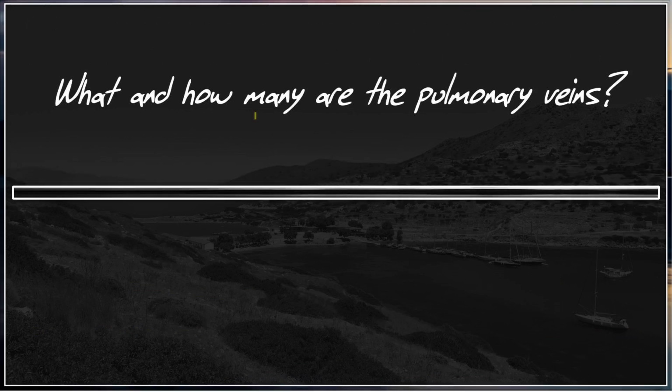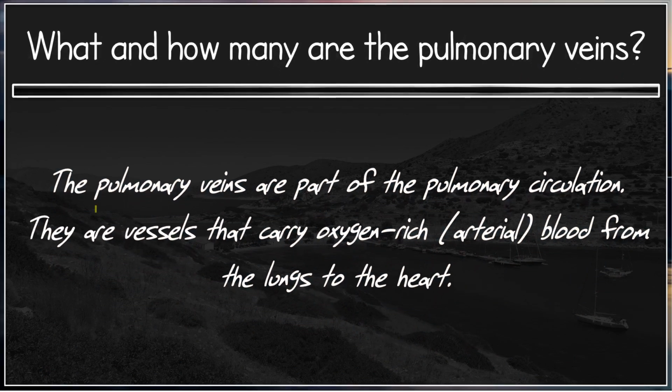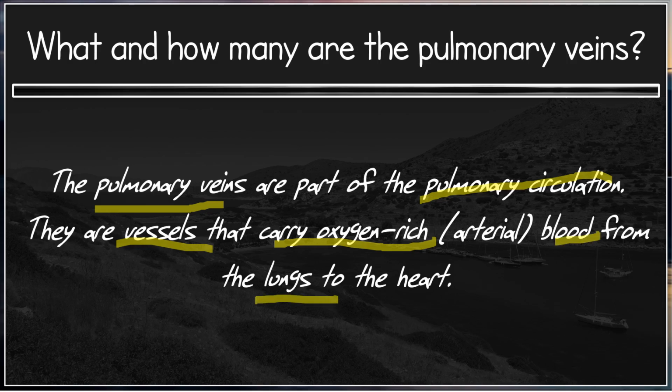What and how many are the pulmonary veins? Pulmonary veins are part of the pulmonary circulation. They are vessels that carry oxygen-rich arterial blood from the lungs to the heart.